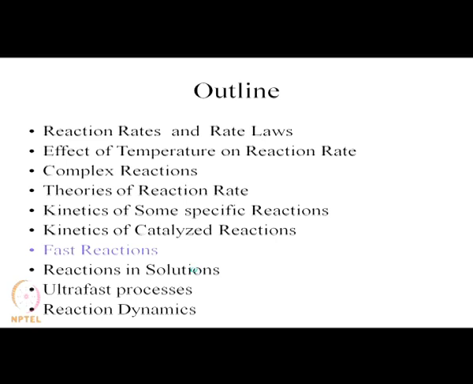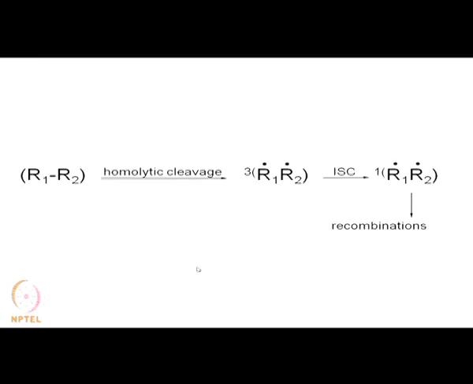So let's look into this. We have this R1 R2. It is a homolytic cleavage, maybe producing a triplet radical pair. Via intersystem crossing, it may get converted to a singlet radical pair.